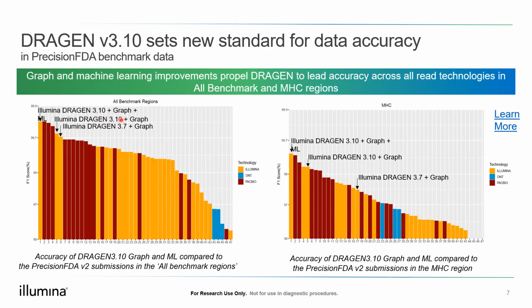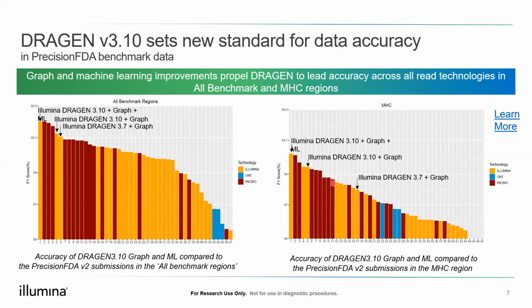So in 3.10, we have made some improvements to the graph that has helped to improve that F score. But then the introduction of the machine learning tool has now made it the best in class across all the technologies. So again, a major improvement that was done on the graph and the machine learning side, which has helped to propel the accuracy across all read technologies.